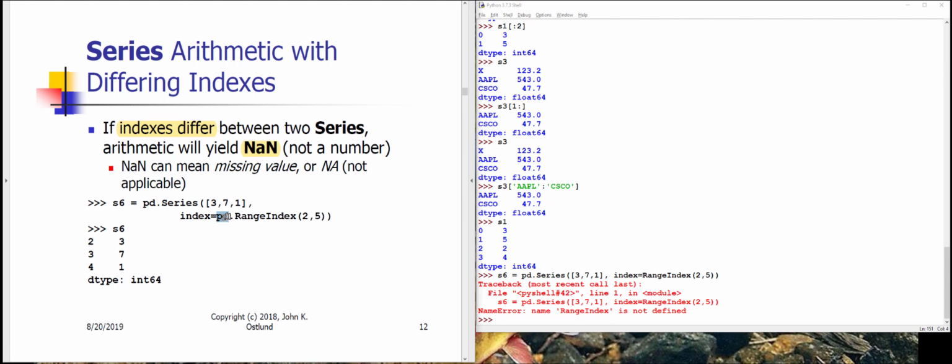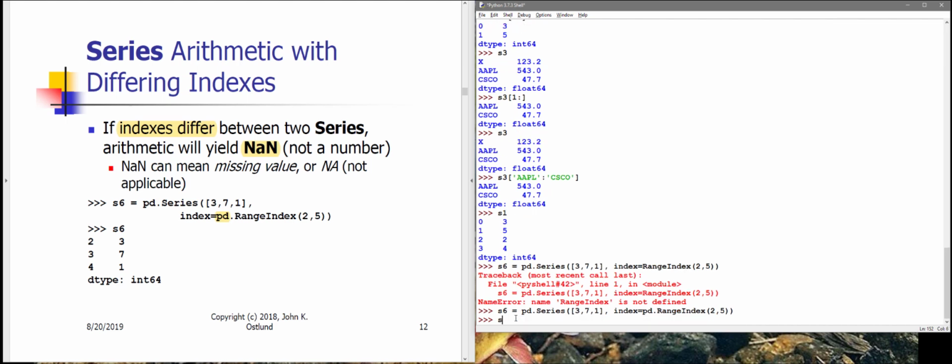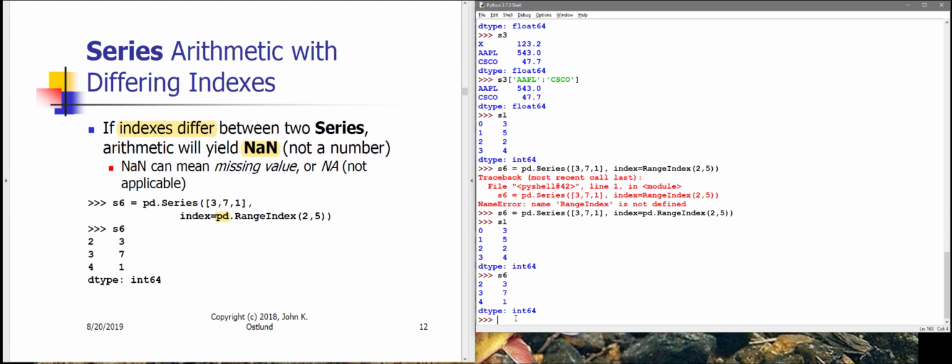I forgot that I need to indicate that range index is part of the PD module, so let me patch that up. All right, so PD.rangeIndex. And now we're good. All right, so S1 has 4 values, indexes 0, 1, 2, 3, and S6 has 3 values, indexes 2, 3, and 4. All right, so the overlapping indexes are 2 and 3 in these series.